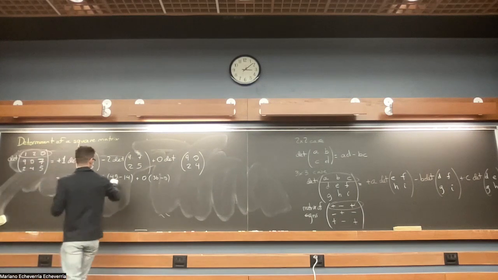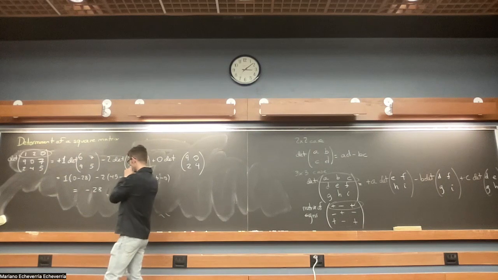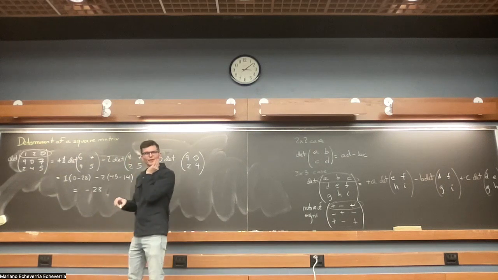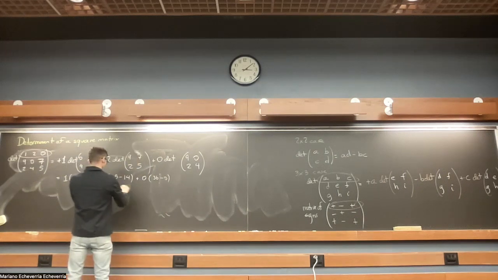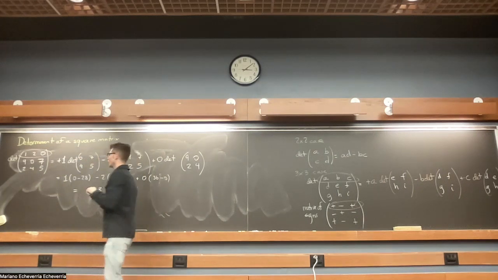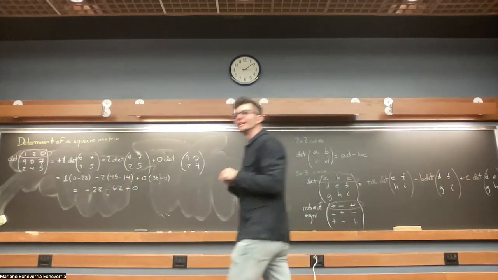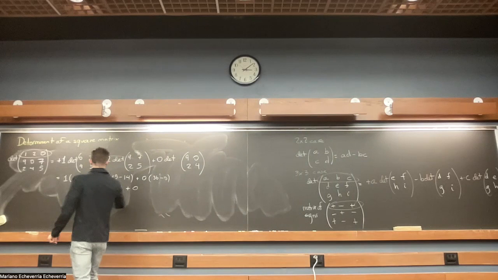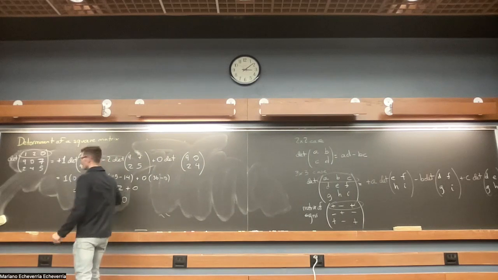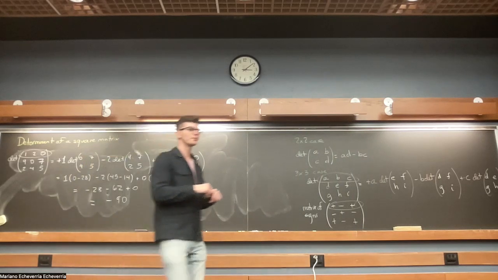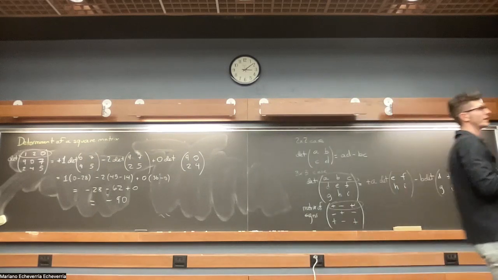So this one, what does it give you? 45 minus 14, what's that? 31? 31 times 2 is 62, right? And this one is 0. And negative 28 minus 62, that's negative 90, right? So the determinant of this 3 by 3 matrix should be negative 90.